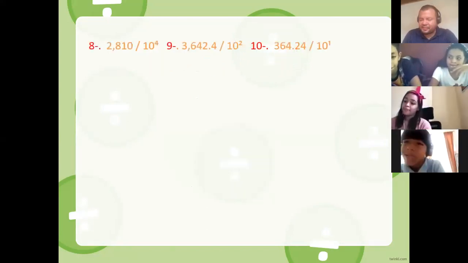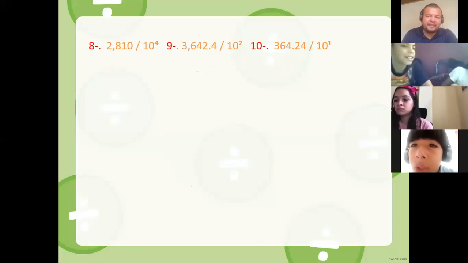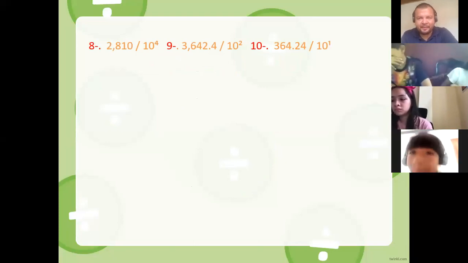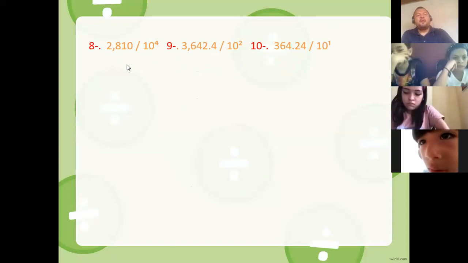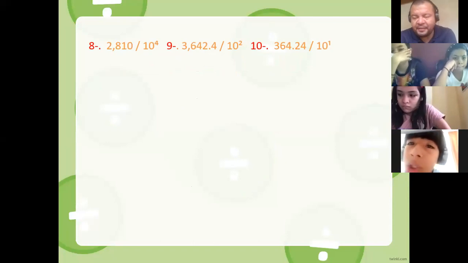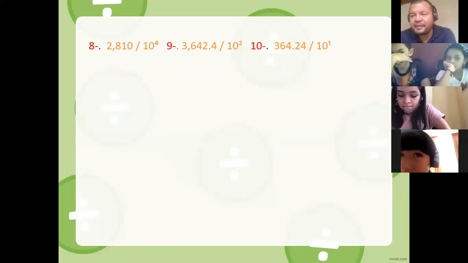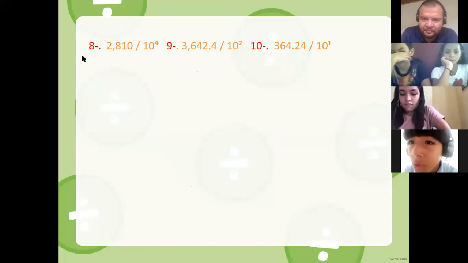Let's see these exercises. Wait, people. We have 2,810 divided by 10 exponential 4, the number 8.